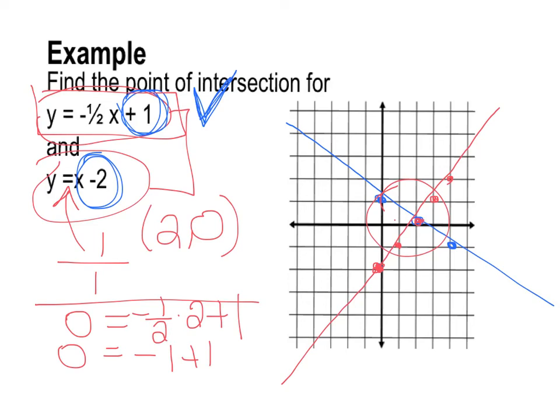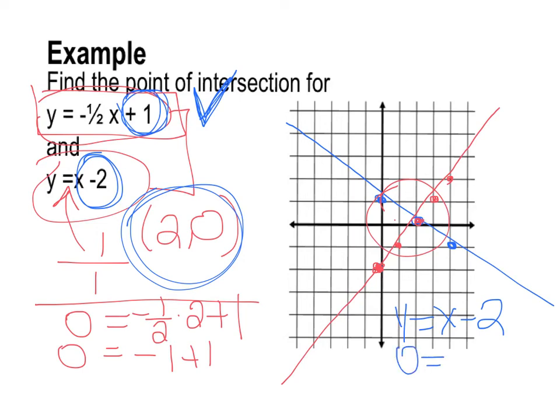Let's try the other equation, y equals x minus 2, for that intersecting point that we found. Y is 0. Does 0 equal 2 minus 2? Yes, it does. So this point also works for the equation y equals x minus 2. Now we know that 2, 0 is the solution.